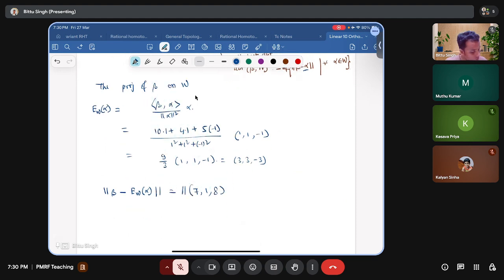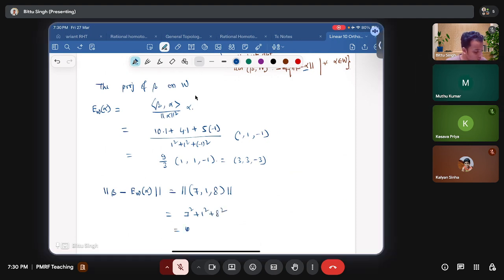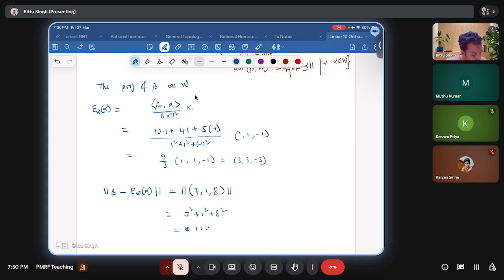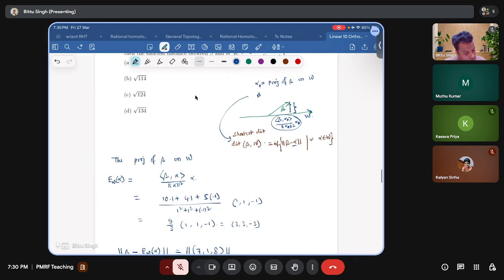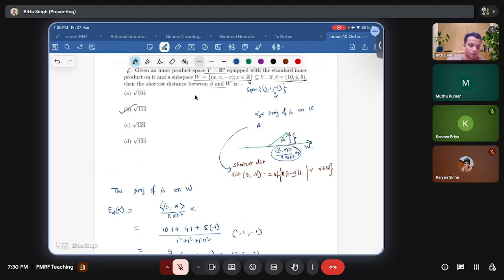So the norm squared is 49 plus 1 plus 64, so 114. We need to take the square root. This is the correct answer.